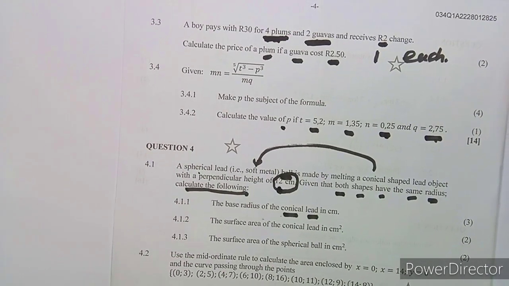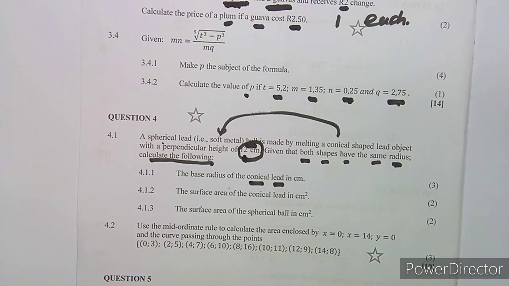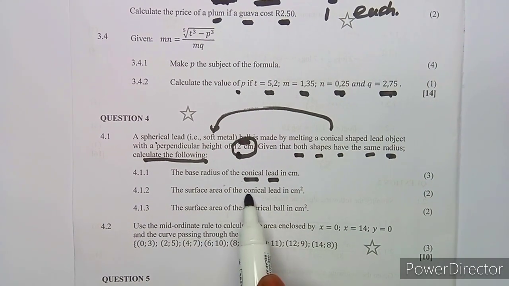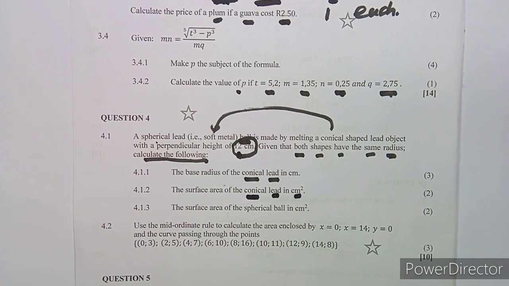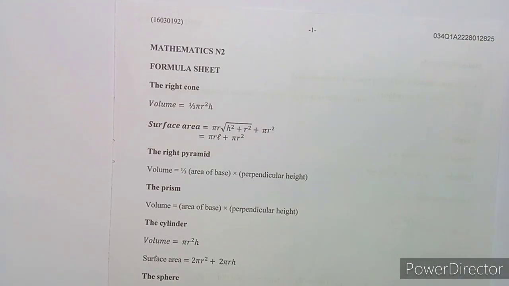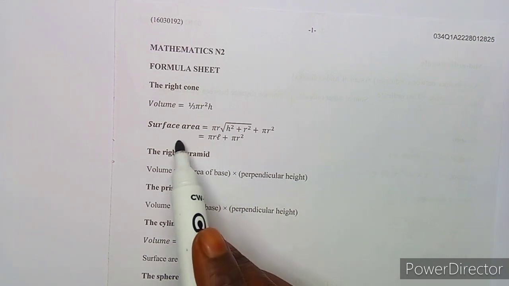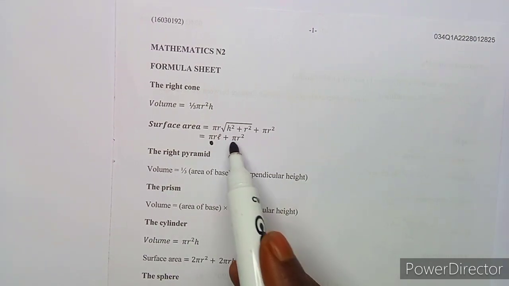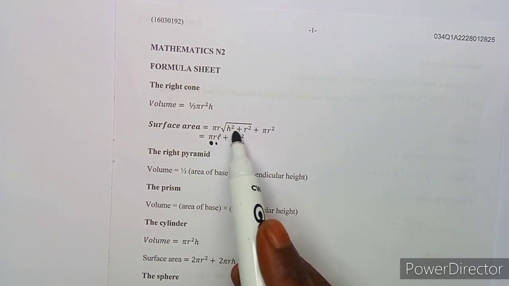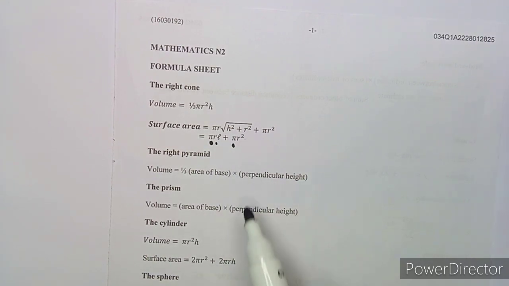Okay, anyways, let's see this part now, where we are given now to calculate the surface area of a conical lid in square centimeters. Take note now, we are working with a conical lid and we are calculating the surface area. So I just want you to see from your formula sheet that we already have these formulas here. If you are working with a cone, the surface area is given as pi r l plus pi r squared, of which l is the square root of h squared plus r squared.